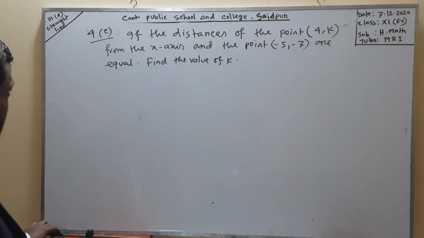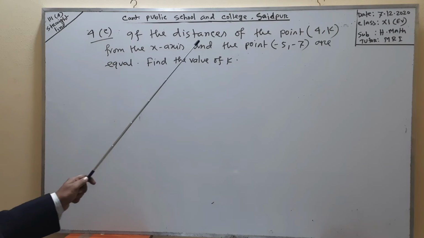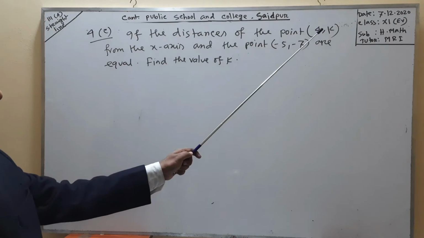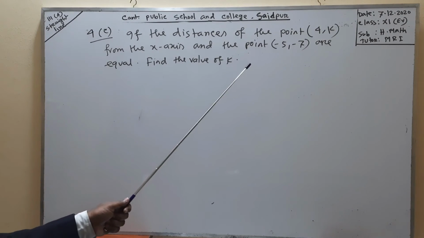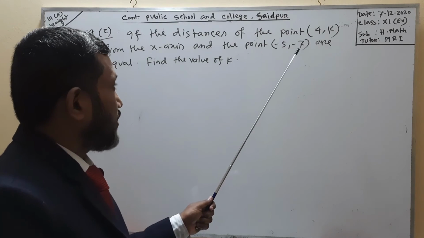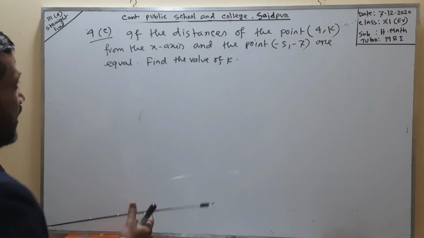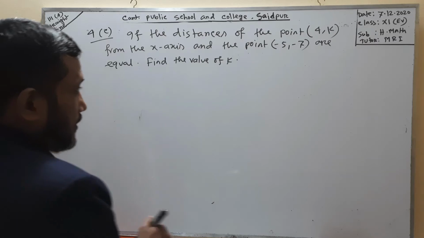I am reading this question again. If the distances of the point 4 comma k from the x-axis and the point -5 comma -7 are equal, find the value of k.